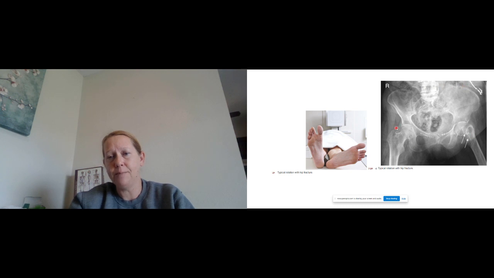Here we can see the femoral head, but the entire femur has broken off and has ridden upwards and shoved itself up over the femoral head. Yeah, that's going to require a surgical intervention.